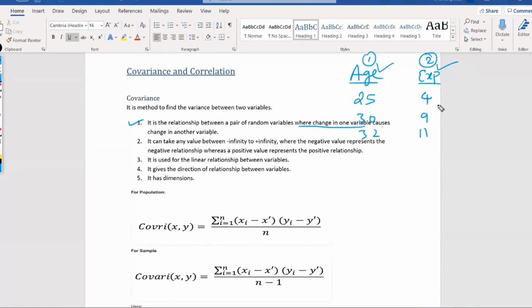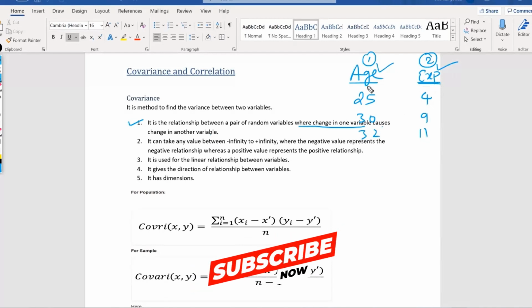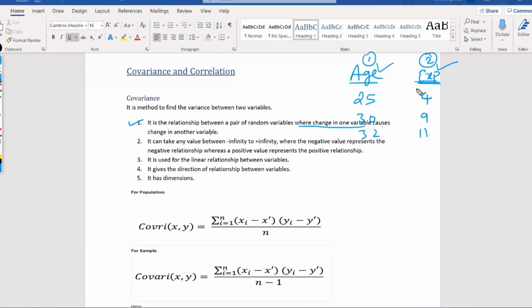If you think in general, as and when my age increases, my experience is also going to increase. Basically, as you are getting older and older, your experience also increases.